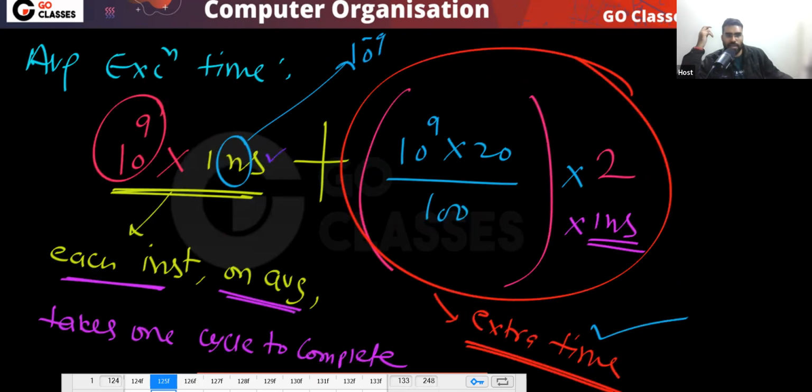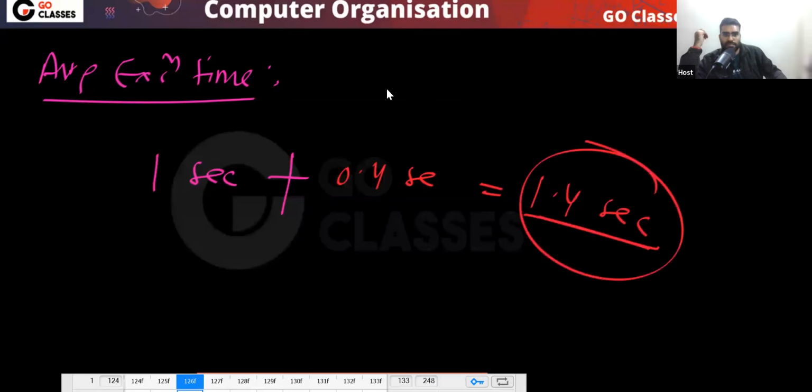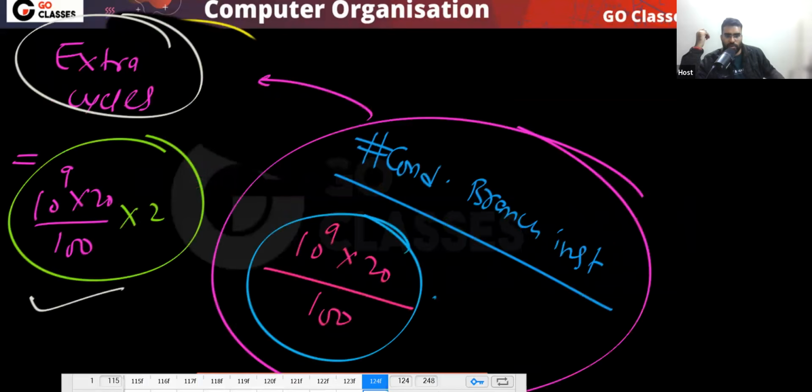This nano and 10 to the power 9 will cancel out. So from here your answer will be 0.4 seconds, so the answer is going to be 1.4 seconds, in seconds.